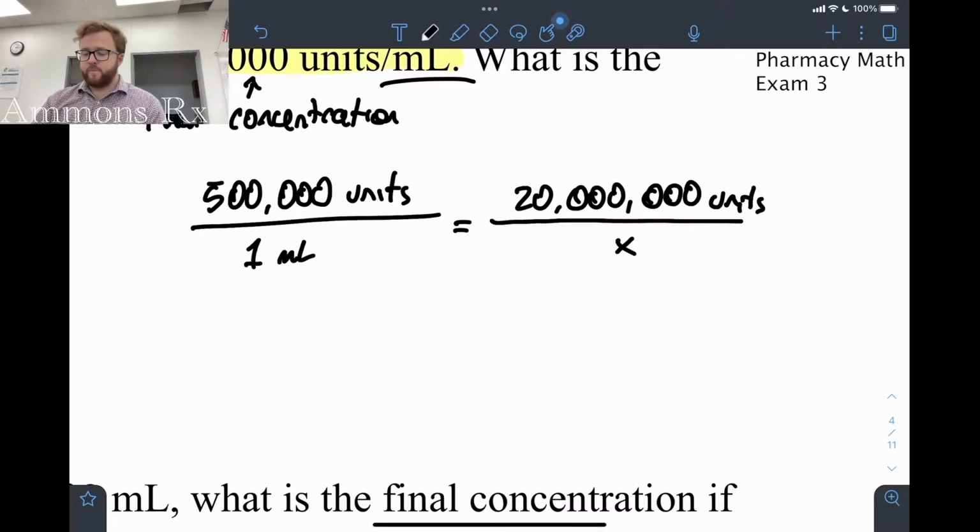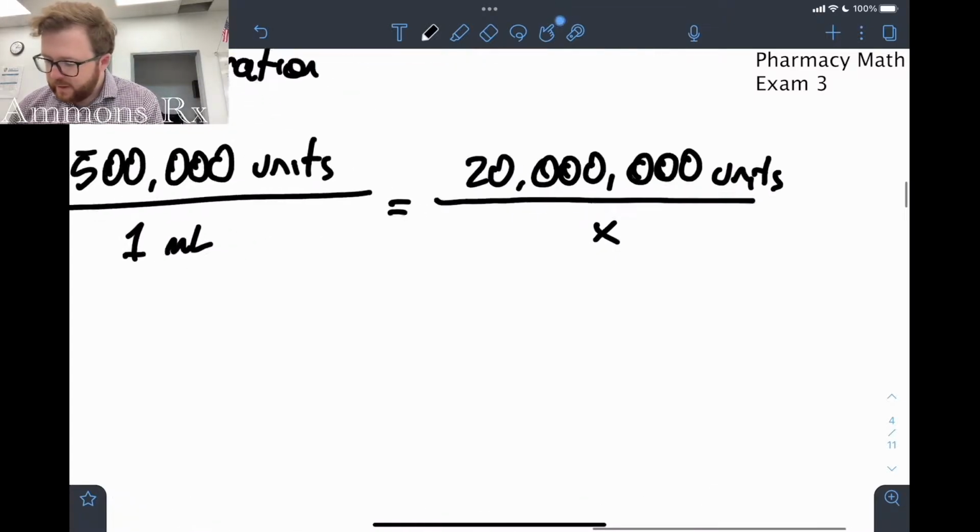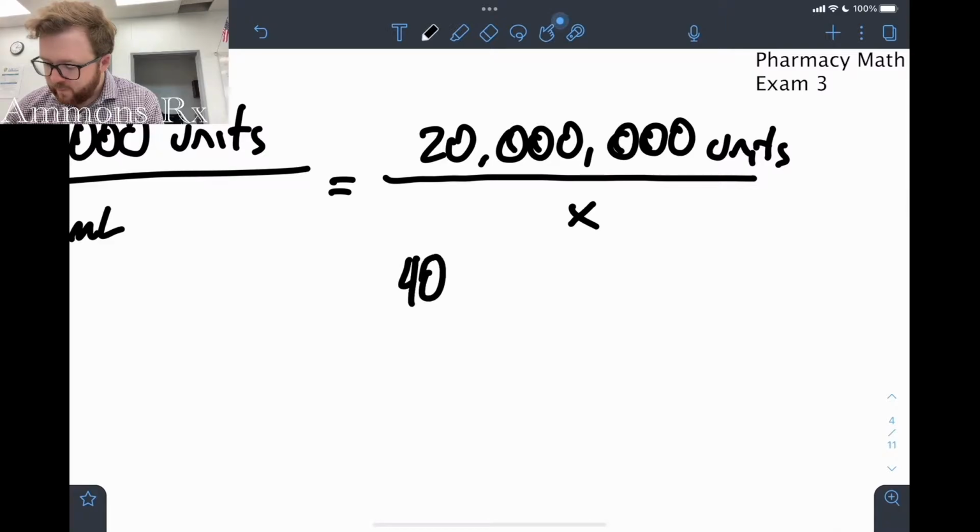And we don't know the final volume. But because our final concentration is going to be 500,000 per 1, we can go ahead and do some math. So 20 million divided by 500,000 is equal to 40 mils. So, like I said, that is connected to our final volume.